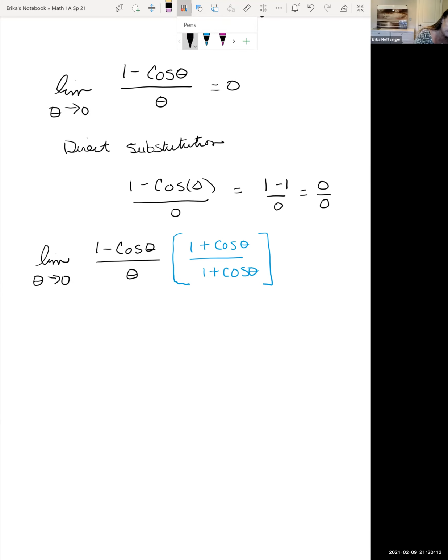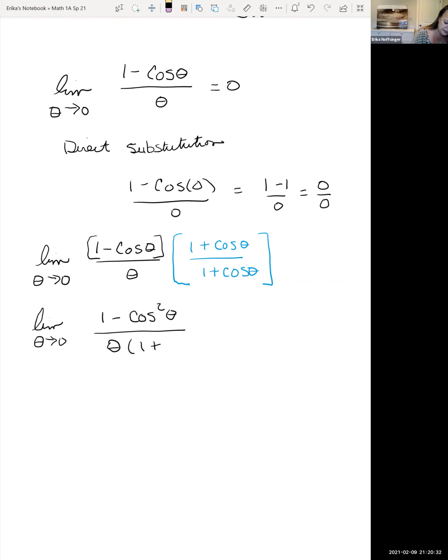And so doing that, we have the limit as theta is going to 0. Well, foiling this out, we got 1 quantity squared is 1 minus cosine theta times cosine theta, cosine squared theta, all over, I'm not going to distribute the bottom, theta all times 1 plus cosine theta. So you should recognize what 1 minus cosine squared theta is.